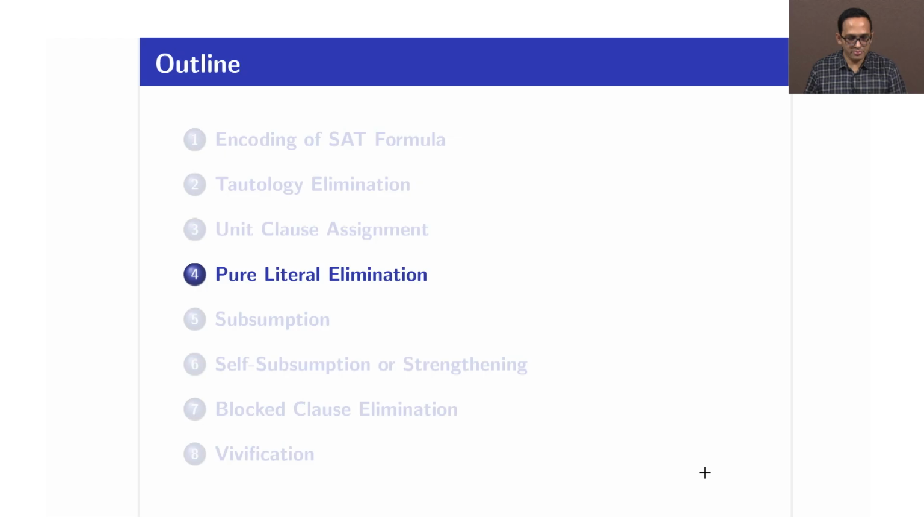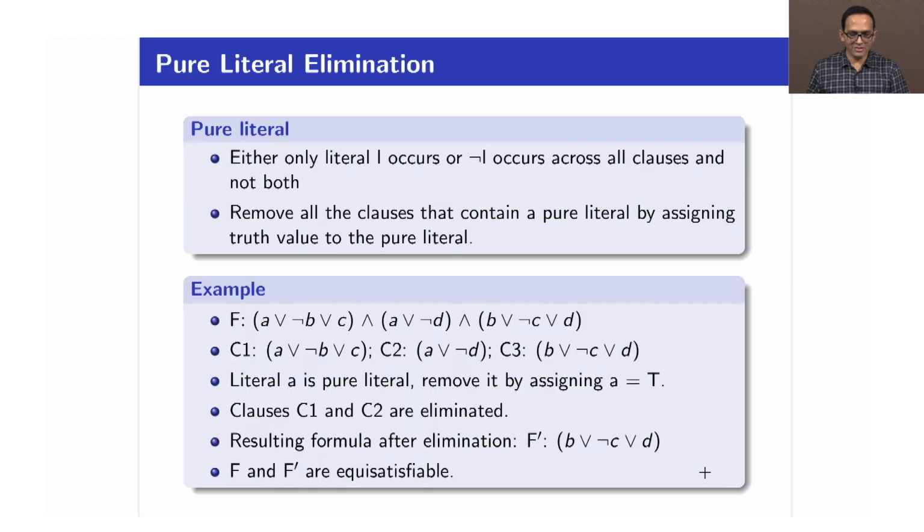Now, we will learn pure literal elimination. So, let us understand what is a pure literal. A particular literal is called a pure literal in a formula if it occurs only in the form of L, or only in the form of not L, in the clauses where it occurs, right. So, it does not have both L and not L in your formula, right.